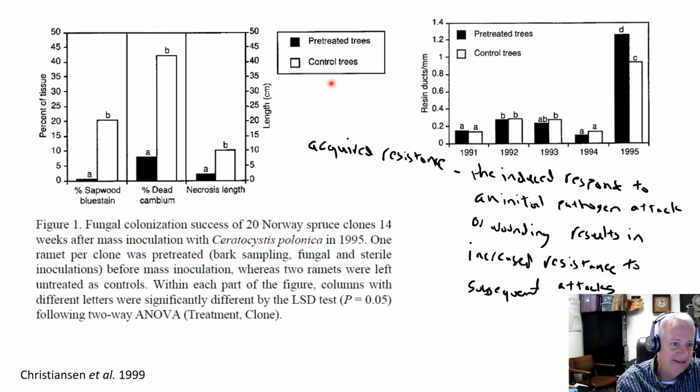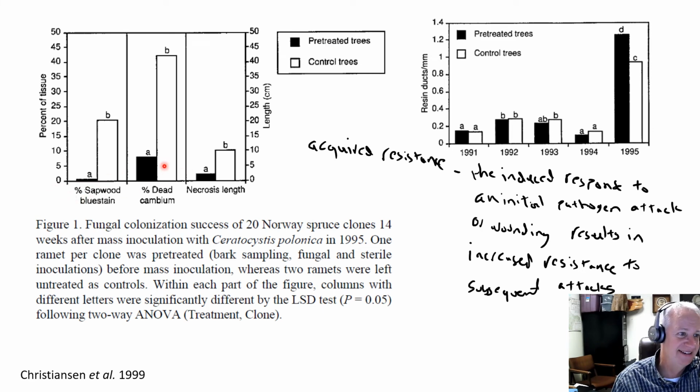And then they waited some period of time and then inoculated them all. So this is the response to that second inoculation. In the first inoculation, the control trees didn't have anything done to them. The pre-treated trees had an initial inoculation.